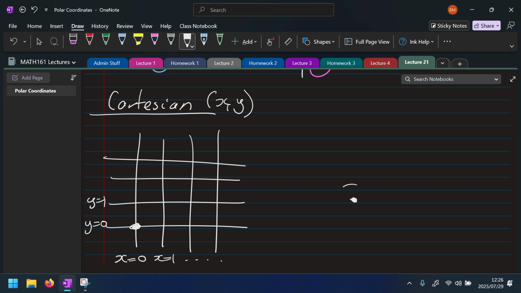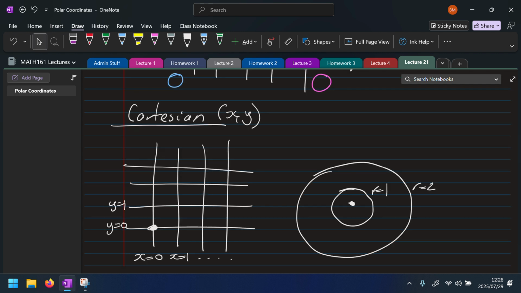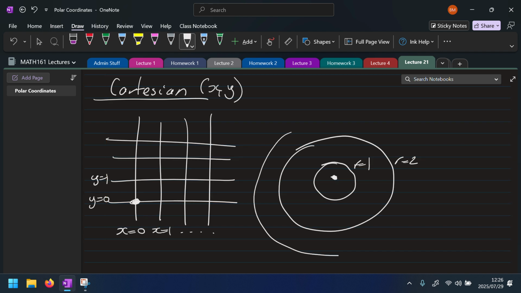We draw a circle with radius 1, a circle with radius 2, and so on. These go outwards. Another circle, radius 3. Those circles go outwards, and that's the first part of the coordinates: what is the radius from the center point?